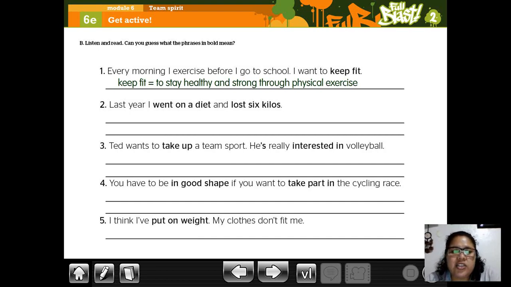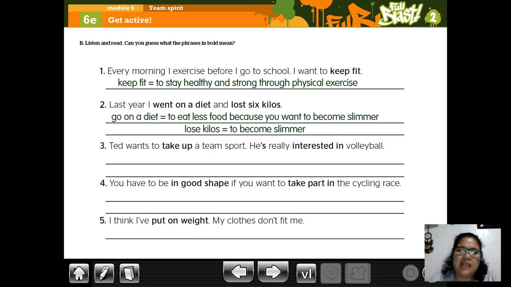Number two, last year I went on a diet and lost 6 kilos. When you go on a diet, start a diet. En este caso es como empezar una dieta o ponerse a dieta, and lose or lost 6 kilos will lose weight, right? Lose weight.